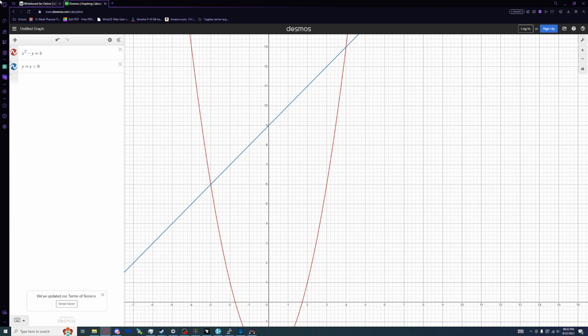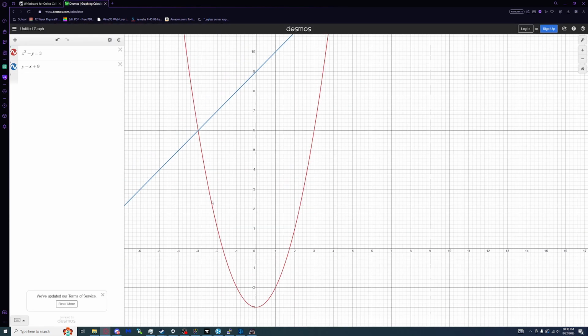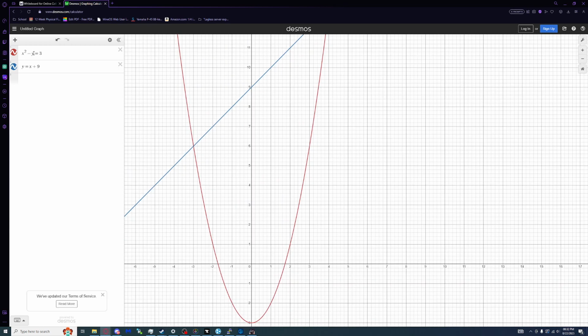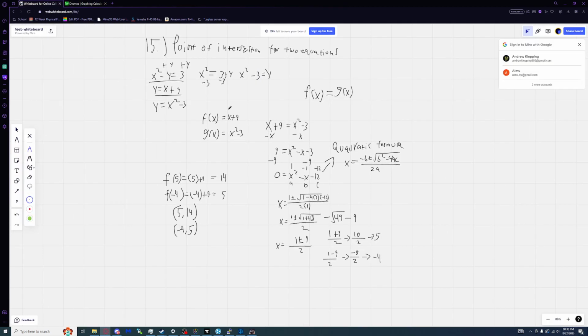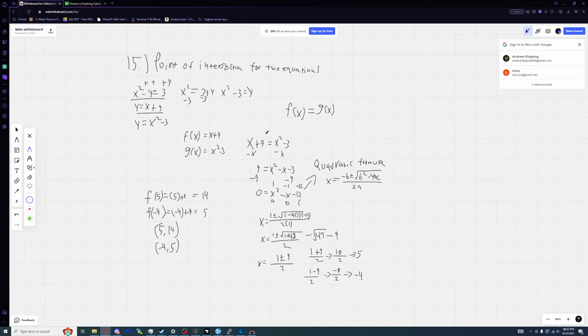x plus 9, that intersects at 9. I add both sides, so we get x squared minus 3, of course, and x plus 9. So why am I getting it wrong? x is equal to g of x, (3, 6).